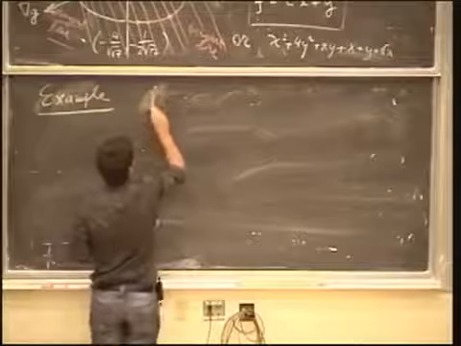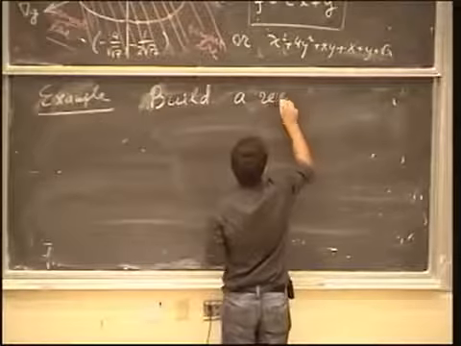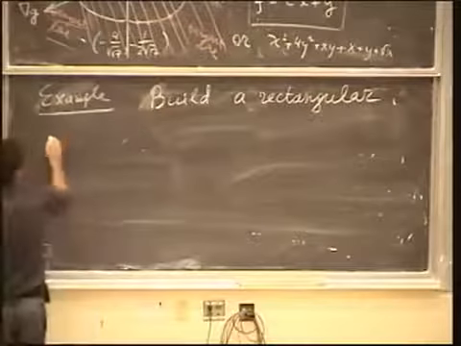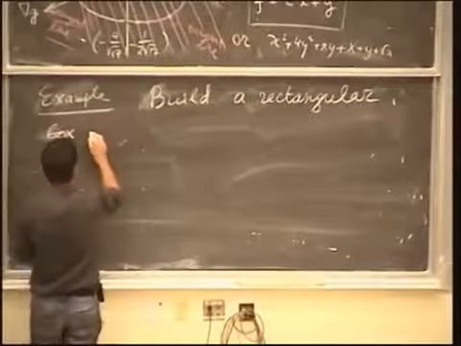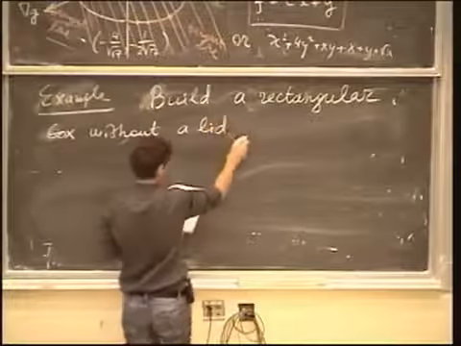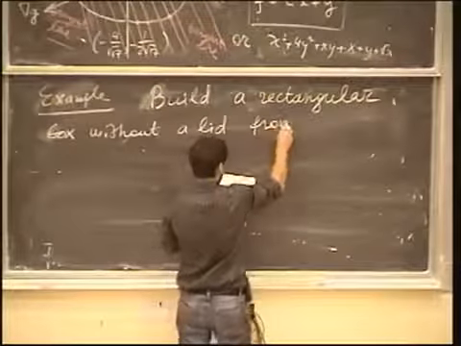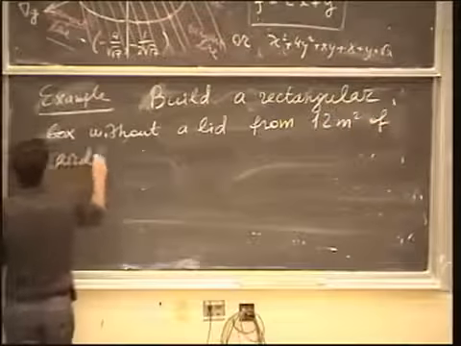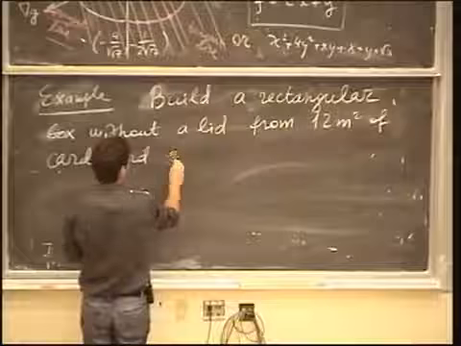So build a rectangular box without a lid from 12 square meters of cardboard, so as to maximize its volume.